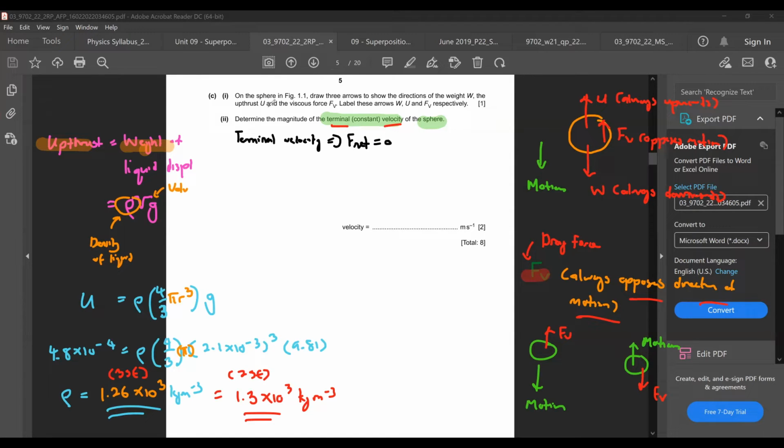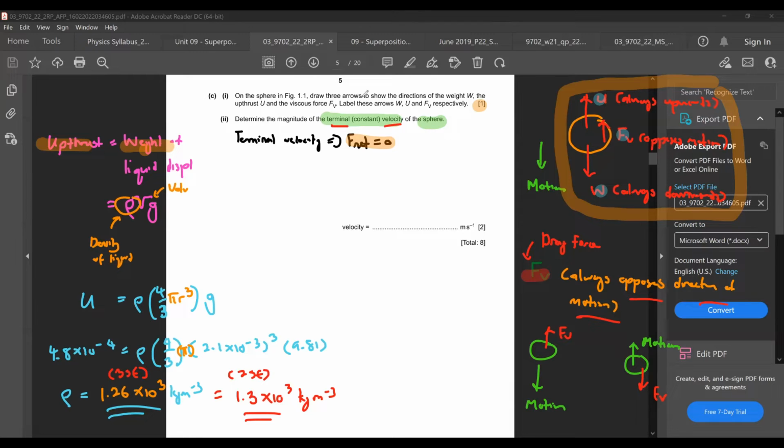So right now, you've actually already gotten the forces acting on the sphere just now from the previous part of the question. If your net force is 0, and you know that these were the forces acting on the sphere as it was dropping, you ought to be able to work out an equation from here.